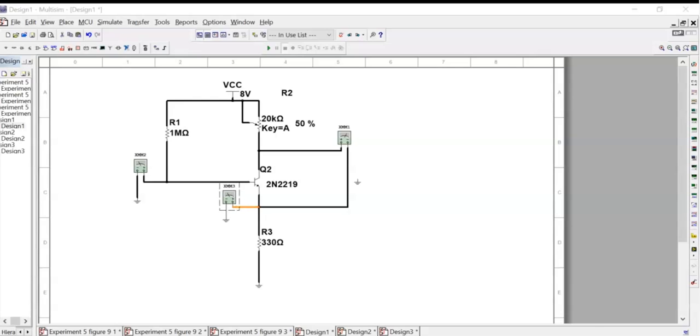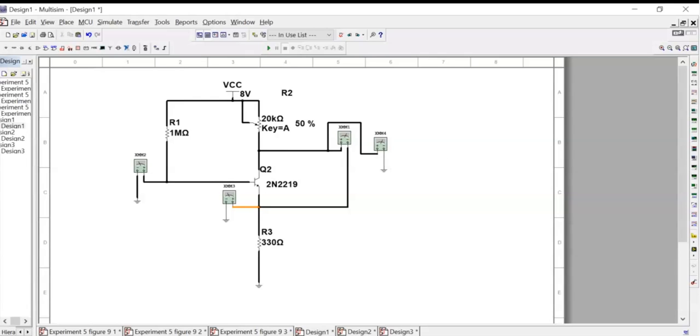Next, meter 4 is the collector voltage. I think this is now complete.